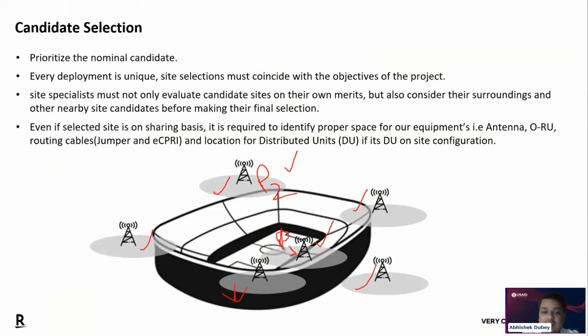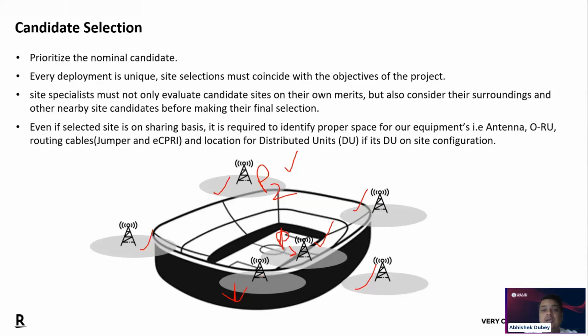Then they will decide whether this location serves their purpose to cover this whole area with good coverage without any coverage gap, and whether their objective to get the capacity in that location can be fulfilled or not. As a planner, you need to ensure that whichever candidate you finalize should serve your purpose. You need to generate the plot again and again and verify that.